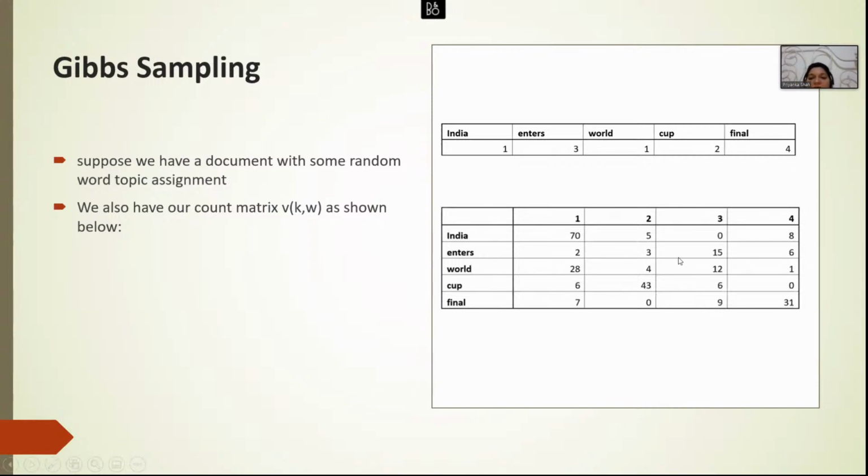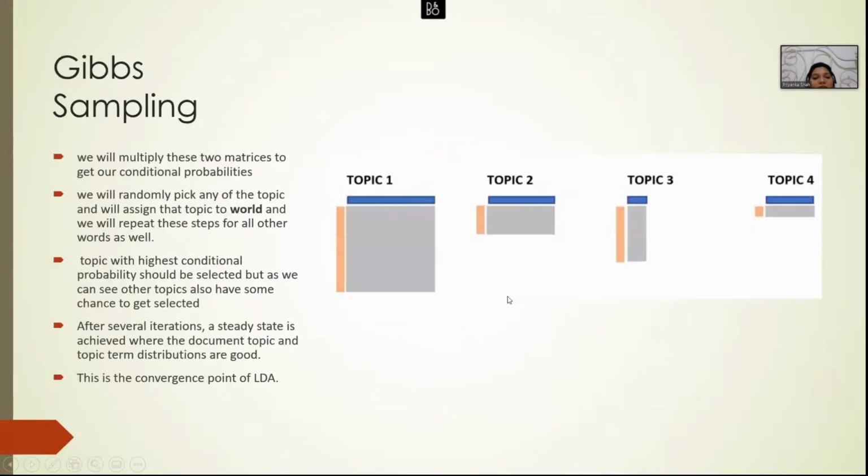So logically, when you multiply the probabilities of topic given document and word given topic, the new word world should belong to topic one because it has occurred the maximum number of times, 28 times, under the words grouped under topic one.